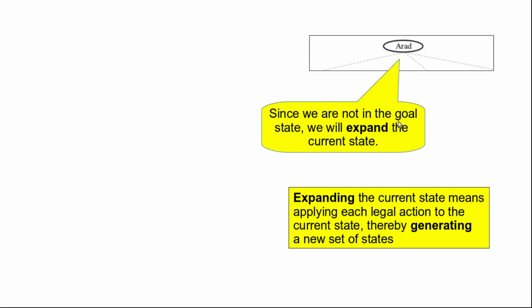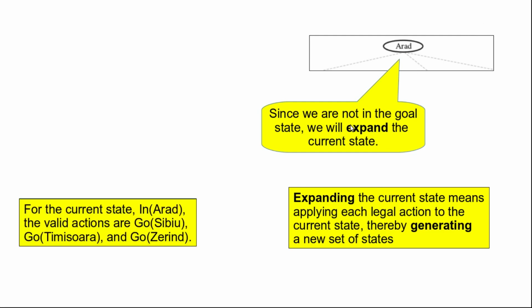So if we are not in the goal state, then we will expand the current state, and to expand we have to find out what legal actions are allowed in the current state. In our example, if we are in Arad, then we know from the previous class that the valid actions possible in this state are go to Sibiu, go to Timisoara, and go to Zerind.